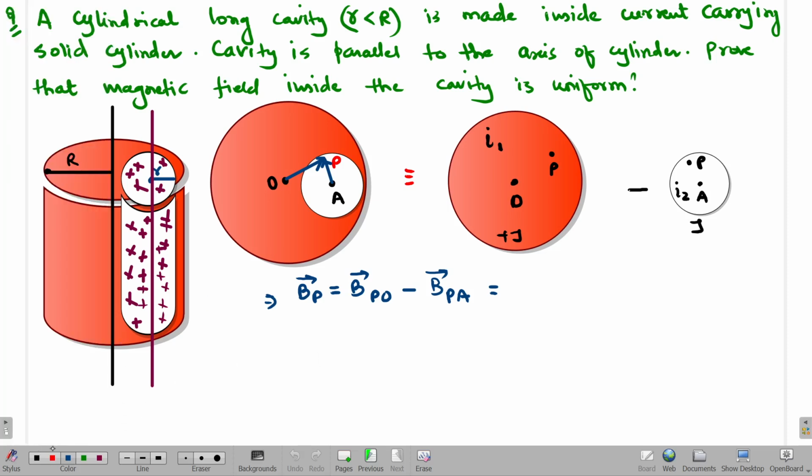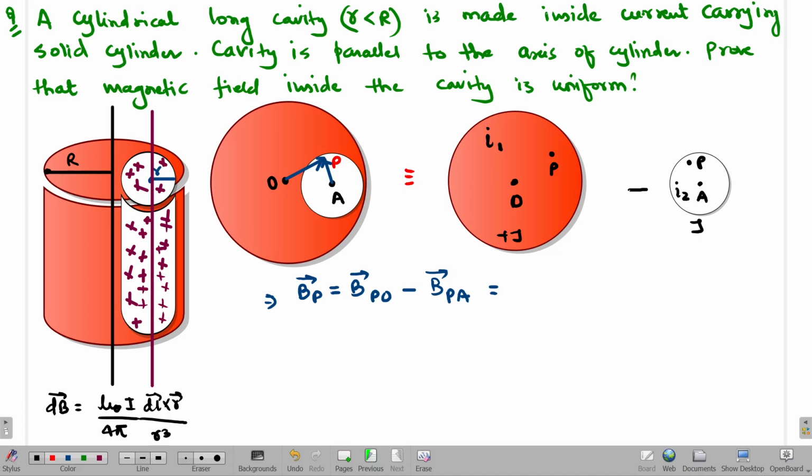See, Biot-Savart's law formula is dB equals mu naught I dl vector cross r vector divided by r cube. This is a vector formula.